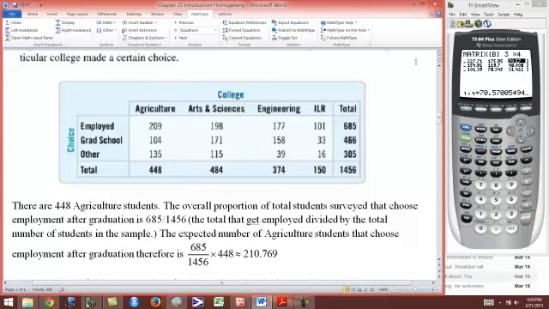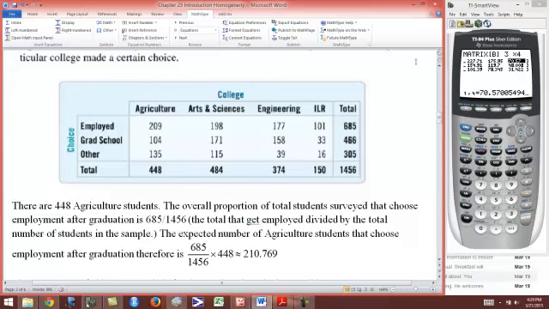Okay, so there are 448 agricultural students, as you can see in the margins. The overall proportion of students surveyed that chose employment, as you can see in the margins, is 685 out of 1456. So the expected number of agricultural students that chose employment is the total proportion that chose employment, 685 out of 1456, times the total number of agricultural students.